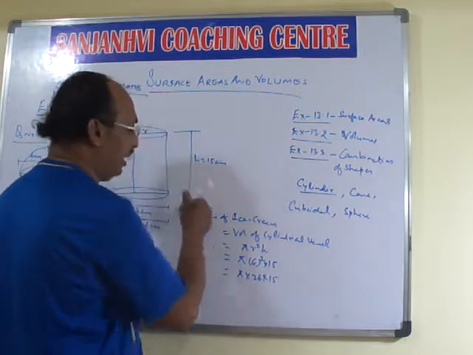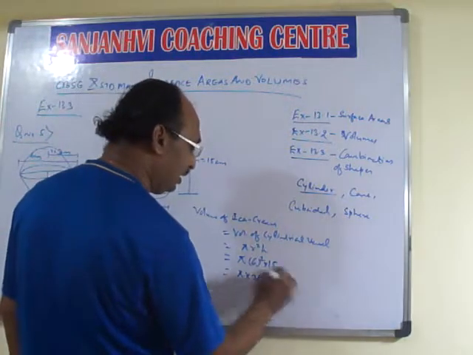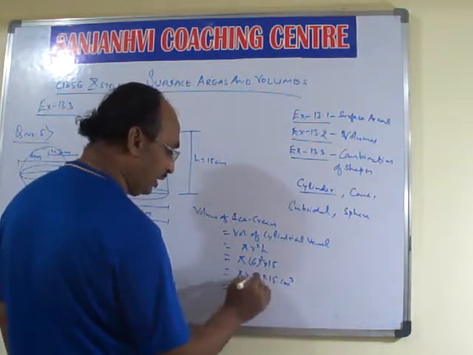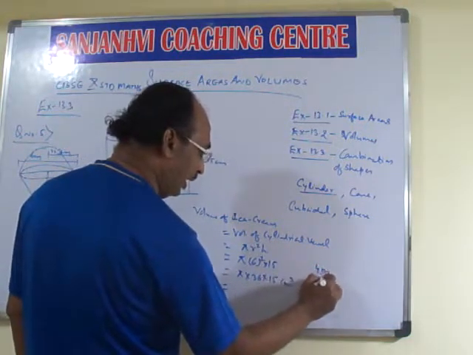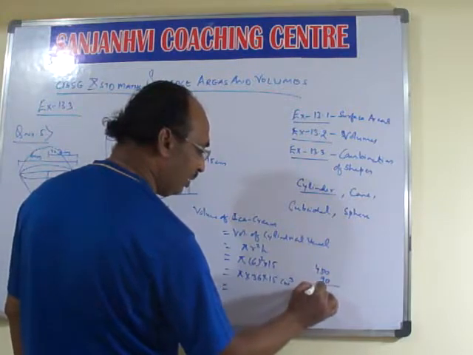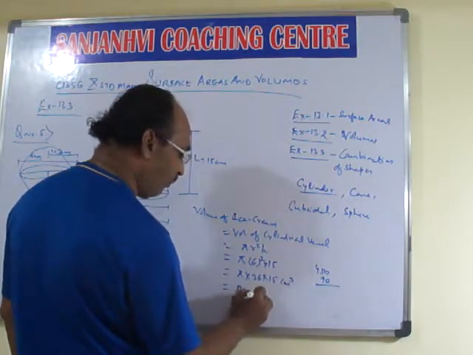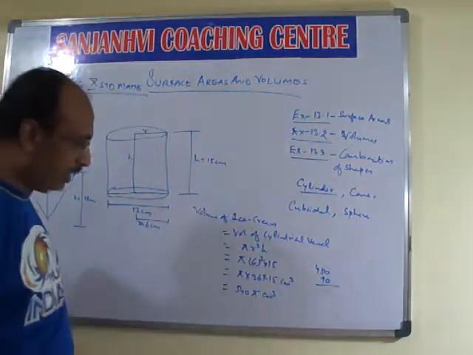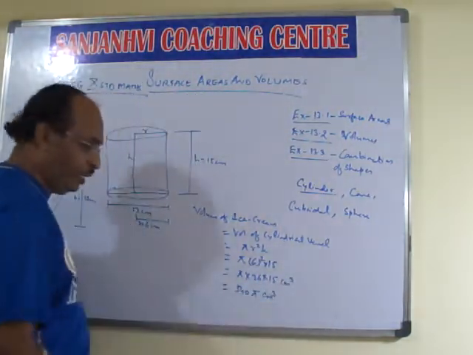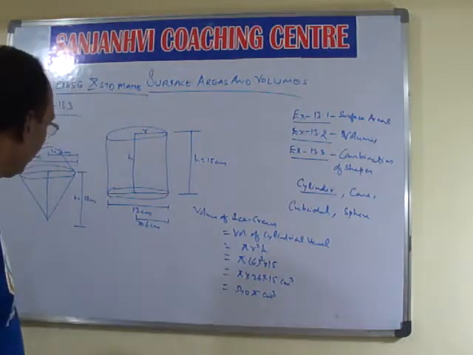All are in centimeters, so it will be in centimeter cube. 15 times 36 is 450 plus 90, so 540. 540 pi centimeter cube. So this will be the volume of ice cream.